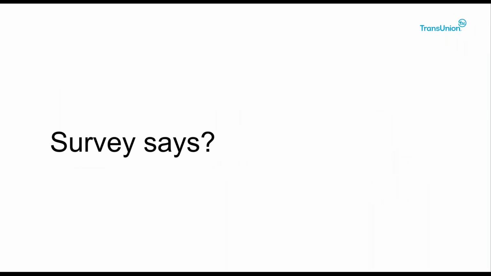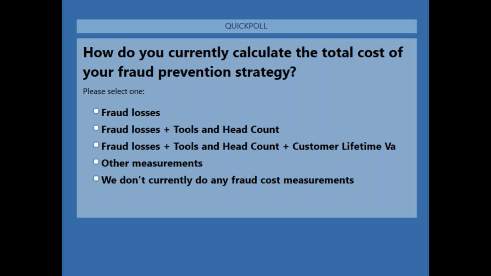All right, so we want to keep everybody awake here, so we're going to do a quick little poll. All right, looks like we have that popped up. How do you currently calculate the total cost of fraud for your strategy? Do you just look at fraud losses currently? Maybe you look at fraud losses and also the cost of tools and headcount.